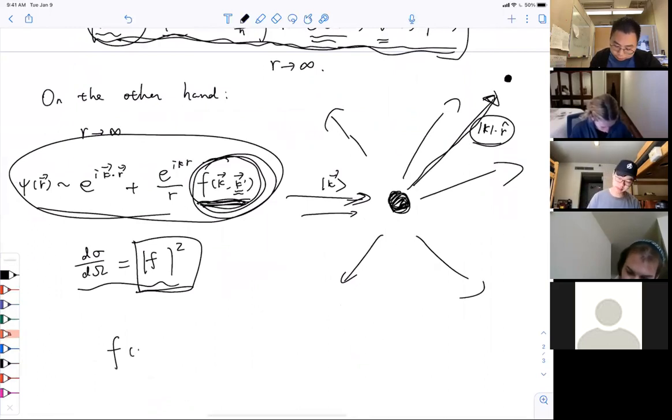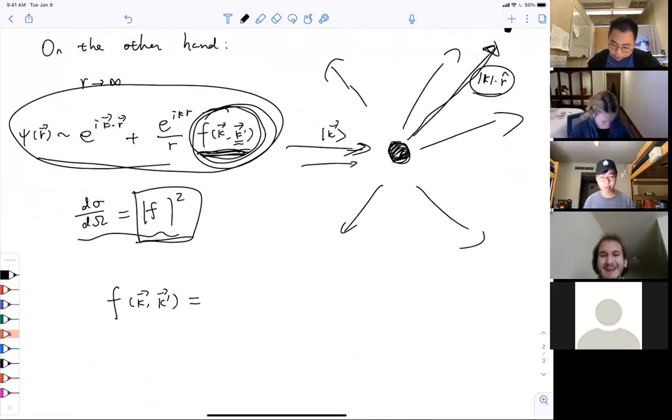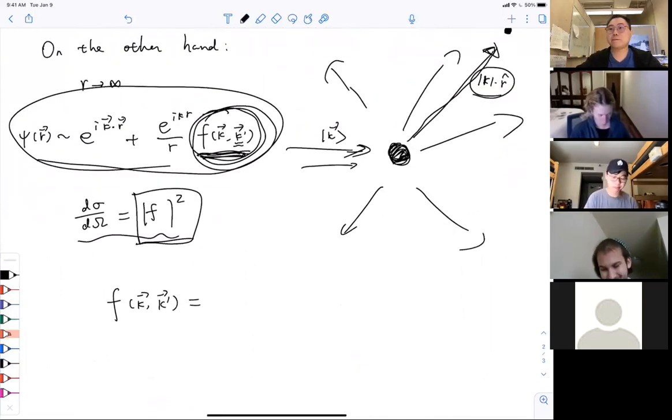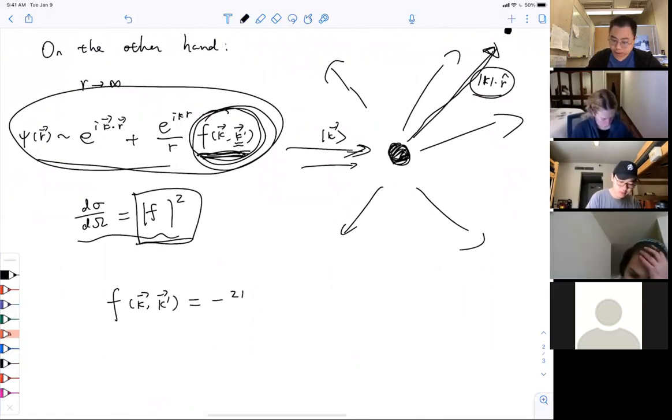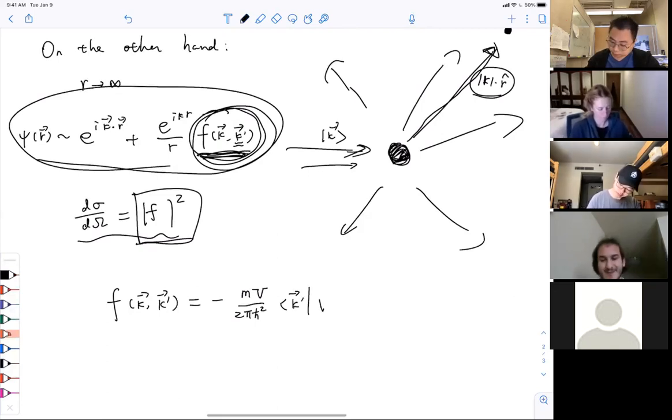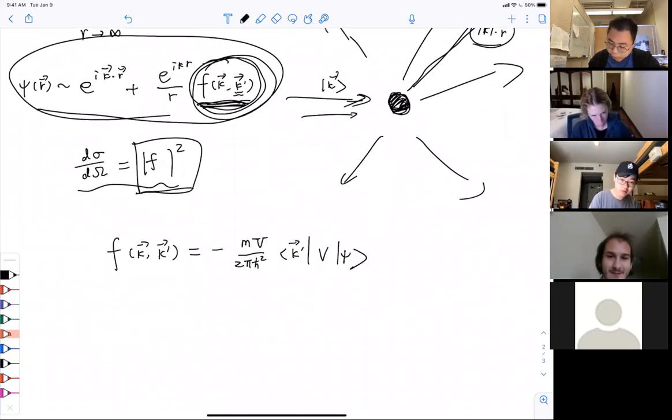Eventually we find, if we go through that process, and I believe you did this in class, I just write it down directly. Minus 2 pi... by the way, correct me if I did something wrong. It's proportional to this.